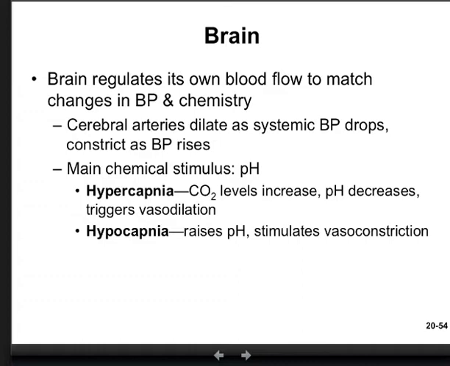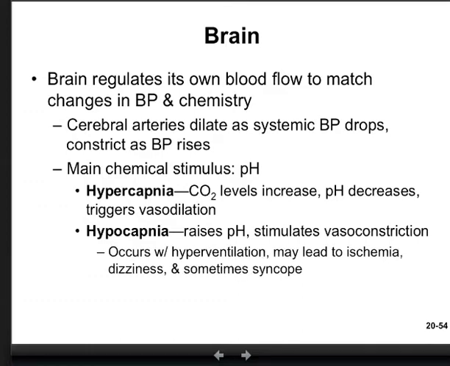The other thing that's happening that we don't really address at this point is that your respiratory rate goes up. So you blow off more CO2, and the net effect is eventually to bring pH levels back within normal limits towards neutral. So after a little bit of hyperventilation and vasodilation, the pH will eventually rise back to neutral pH.